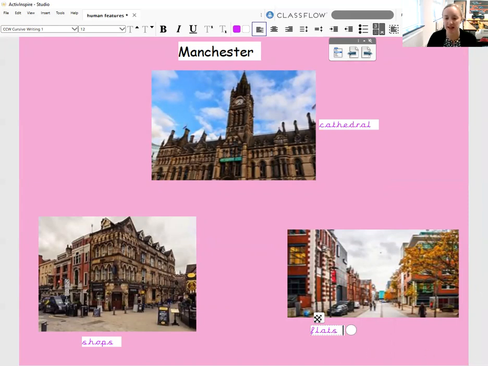So we've got some flats. So let's have a little think then. If Manchester has a cathedral and some shops and some flats, which are high-rise buildings, is Manchester then a town or is it a city? It's a city. Well done.